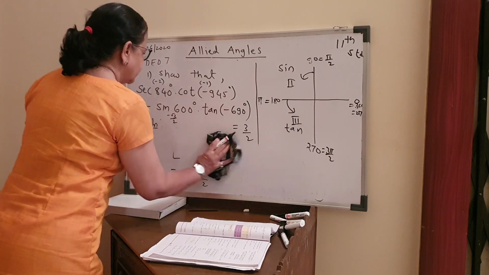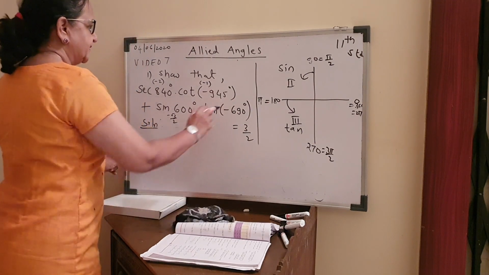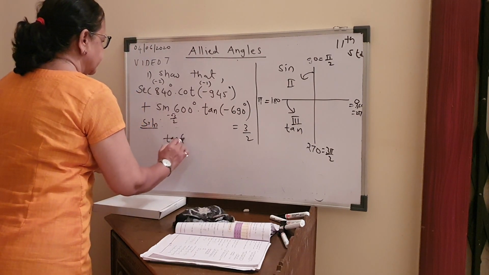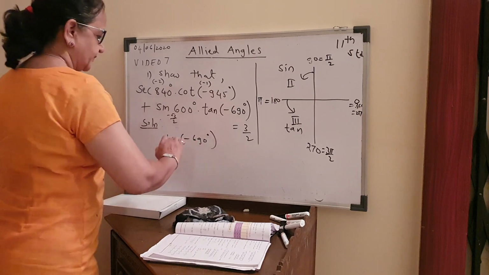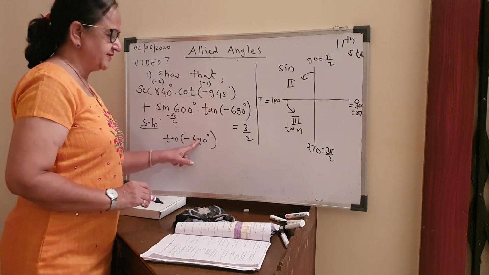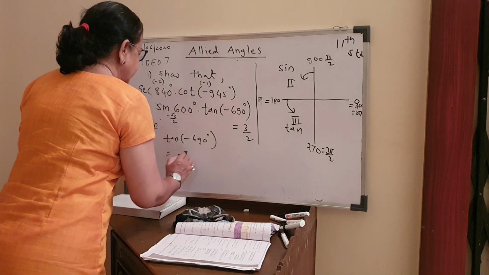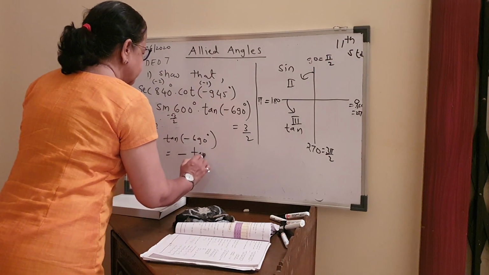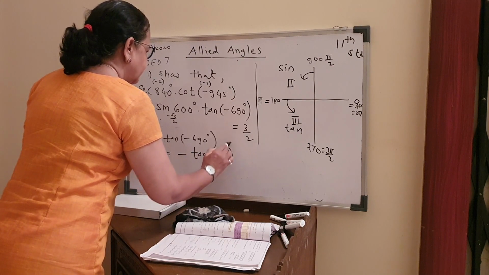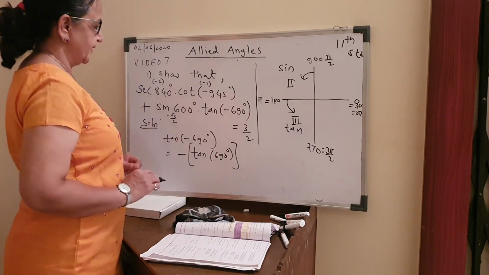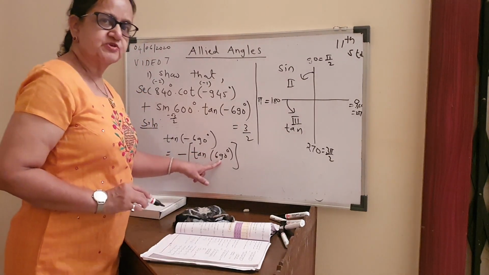Alright. And now the fourth term. Tan minus 690. Once again, tan of minus theta should be minus tan theta. So it will be minus tan of 690. I'll put a bracket after minus sign. 690 closer to 720.